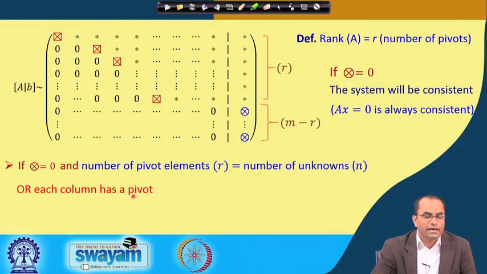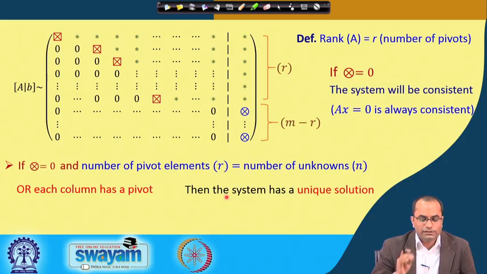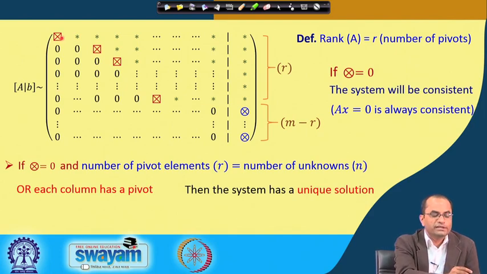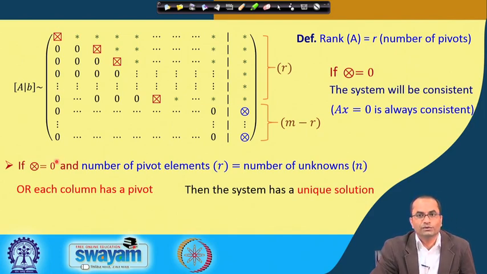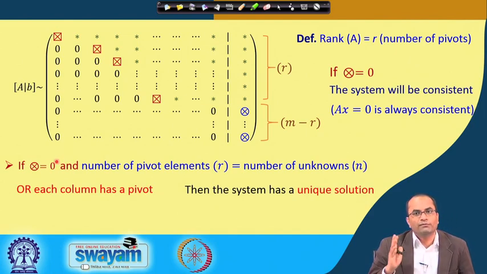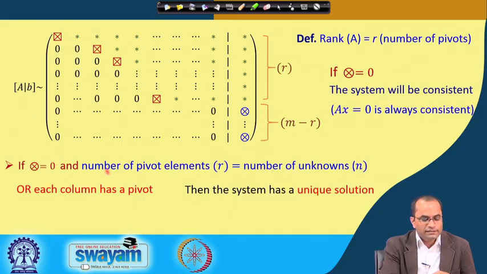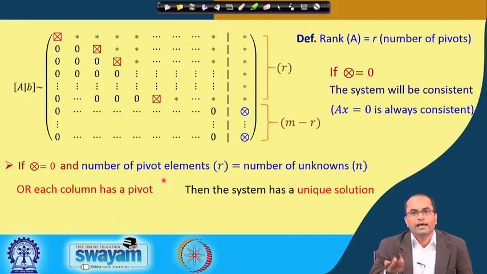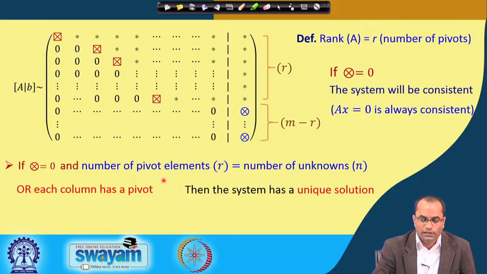If each column has a pivot, then the system has a unique solution, because a column cannot have more than one pivot, because of the property that below a pivot everything should be 0. So, each column can have only one pivot, and the number of pivots equal to the number of unknowns means each column has a pivot, because the number of columns equals the number of unknowns. In that case the system will have a unique solution.